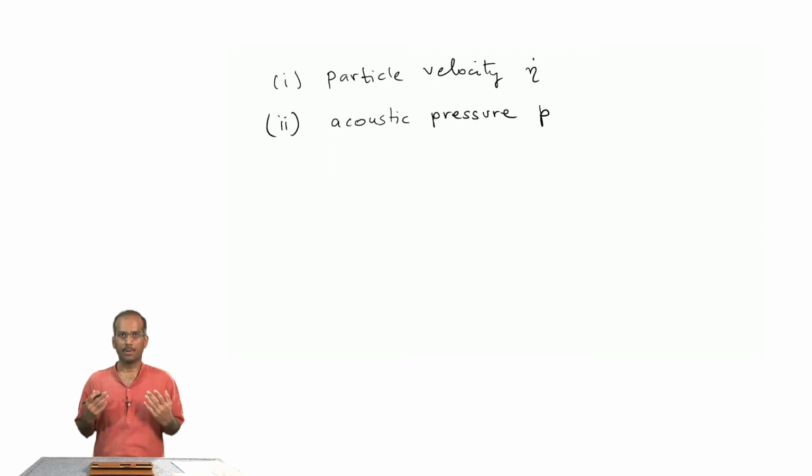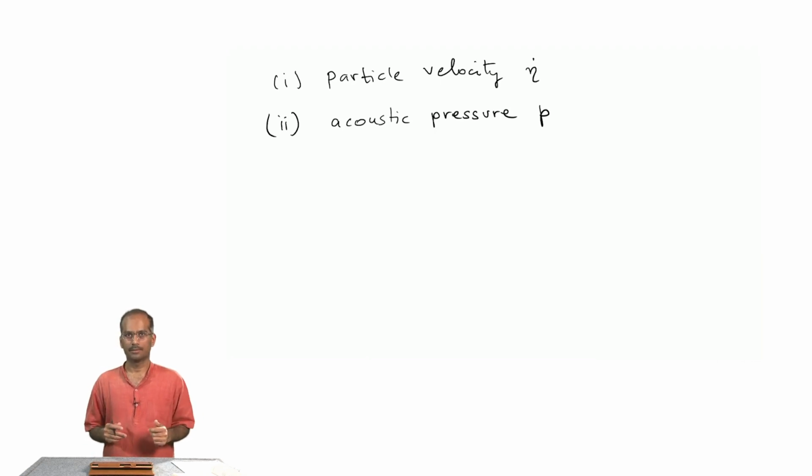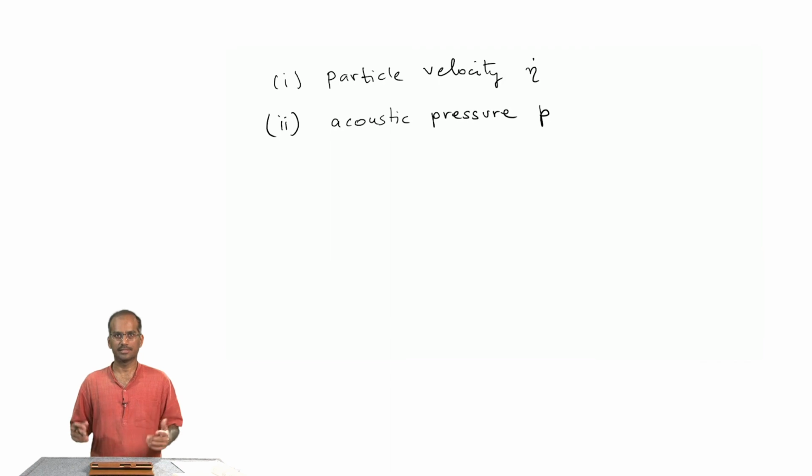Clearly, you can see that the boundary conditions are physically motivated. So, you do not want particle velocities to be suddenly changing across the boundary, it does not make physical sense, it does not happen. Neither does pressure suddenly change in the absence of any other external mechanism to make it happen.